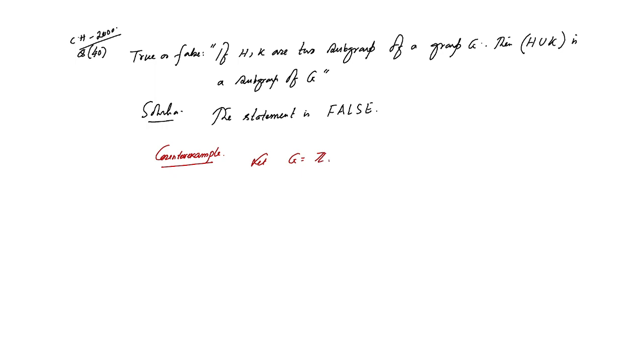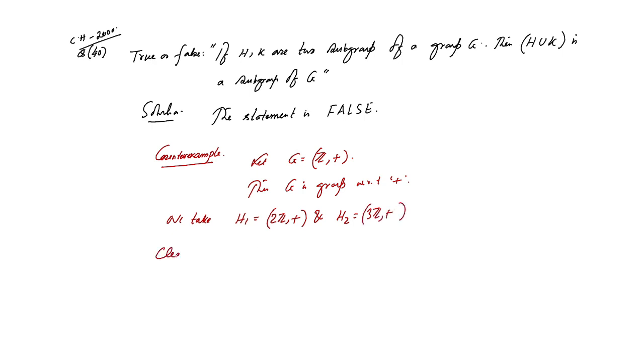Let G equal Z, the set of all integers, which with respect to addition is a group. This is the additive group, and we take two subgroups: H1 equals 2Z, and H2 equals 3Z. Clearly H1 and H2 are two subgroups of G.